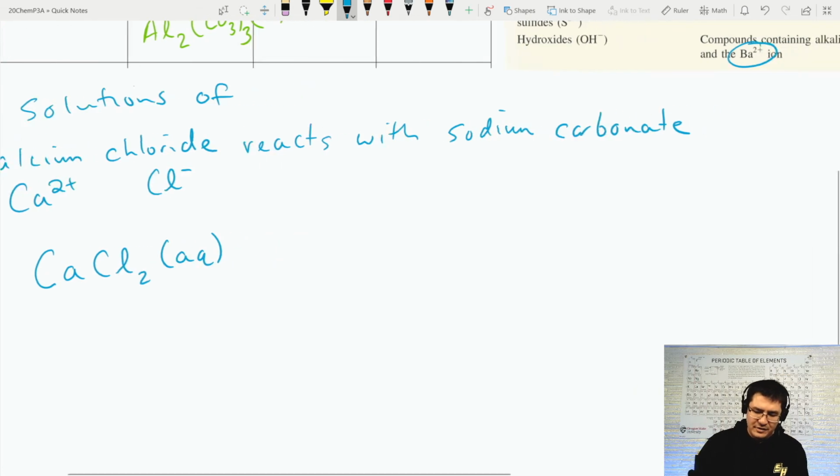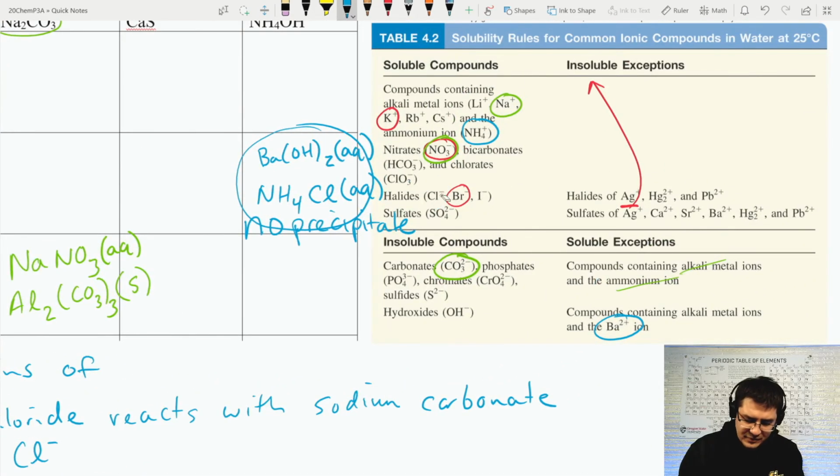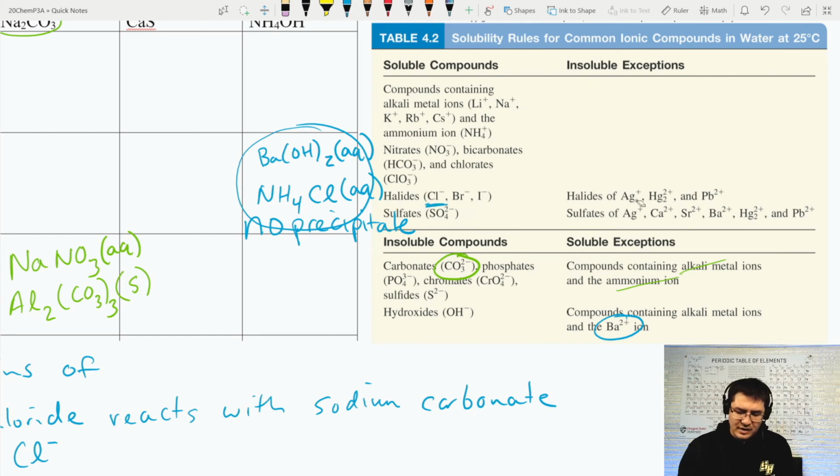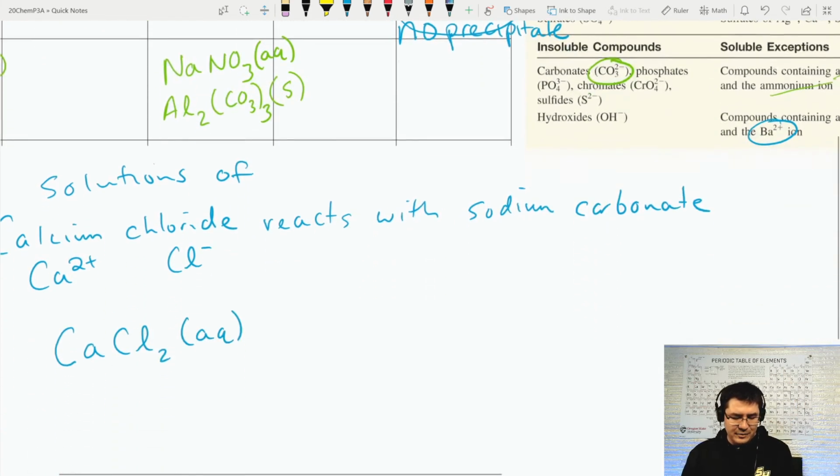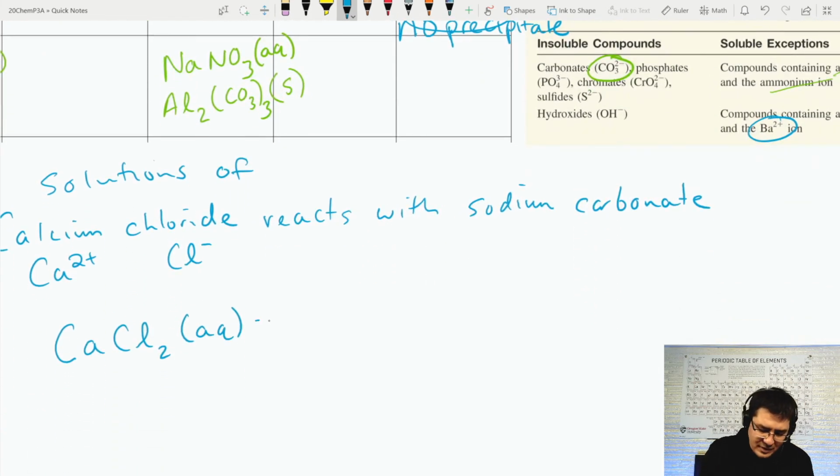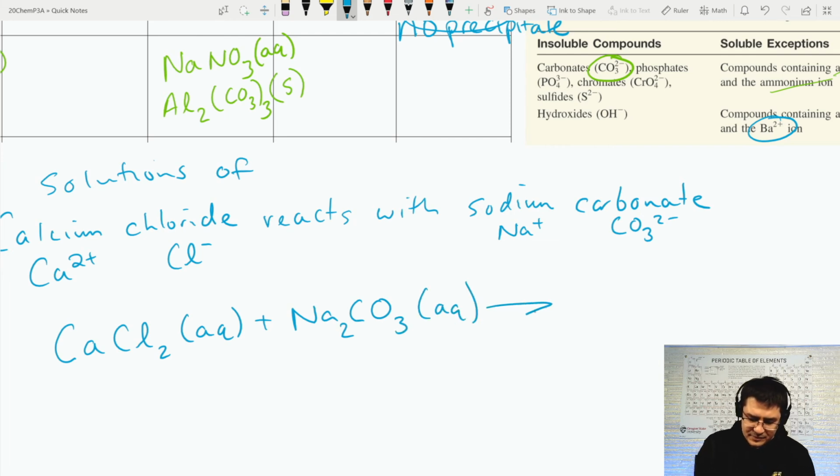We could confirm also that chlorine is only insoluble if it's with silver, mercury, or lead, while calcium is not silver, mercury, or lead, so it's going to be soluble. Plus sodium carbonate. Sodium's always soluble. So sodium Na+, carbonate CO3 2-, it's Na2CO3. Soluble.